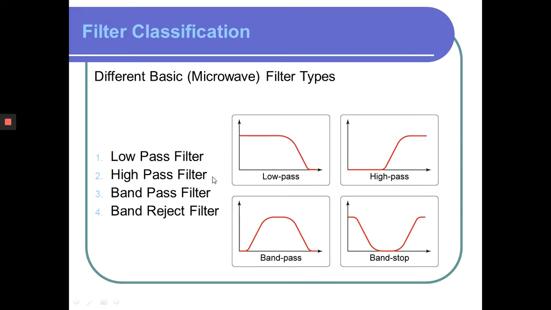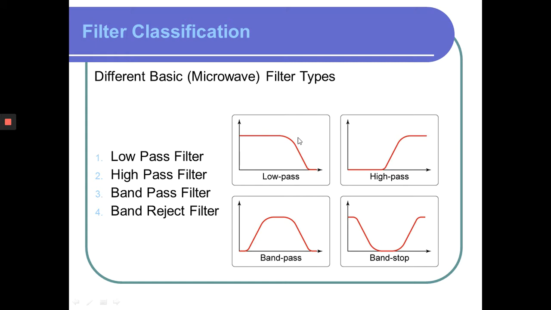The high pass filter is totally opposite of the low pass filter, where it will allow all the frequencies higher than a certain frequency. Let's say this here is the cutoff frequency; until it reaches this point, it will not receive any frequencies, and after that it will receive all the rest.